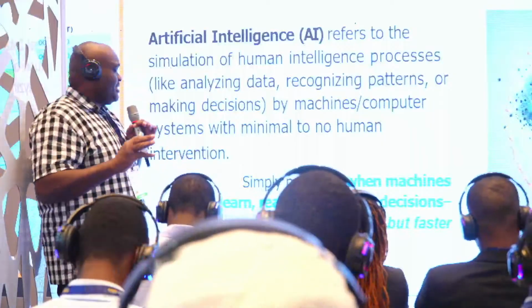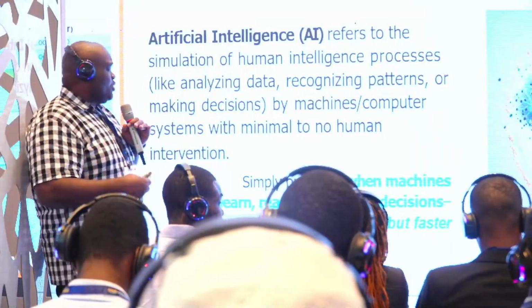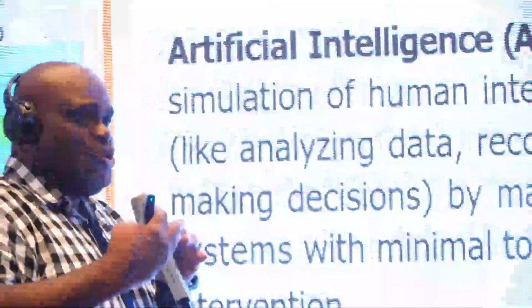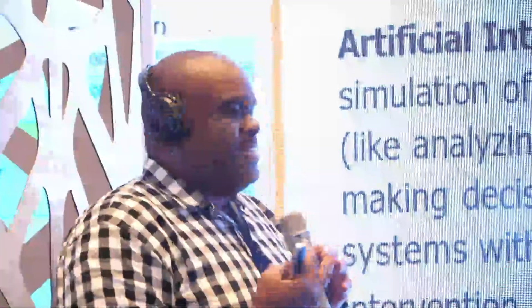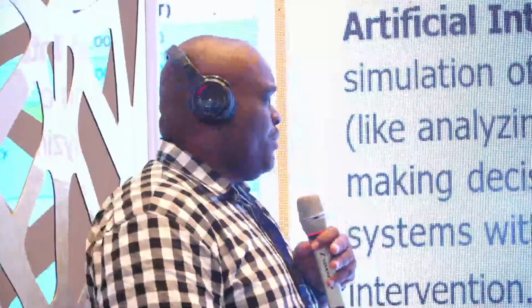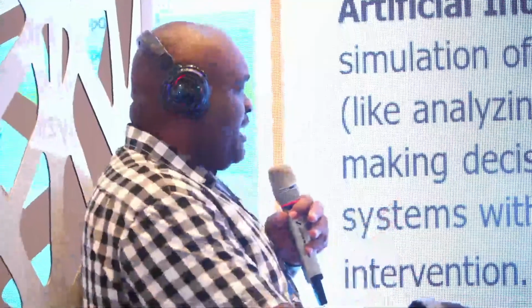That is basically what it is. You want to simulate human intelligence, through pattern recognition and data analysis, to make certain decisions that will improve our work scope. So simply put, AI is when machines learn, reason, and make decisions just like humans, but faster. That is where the world is trying to get to.